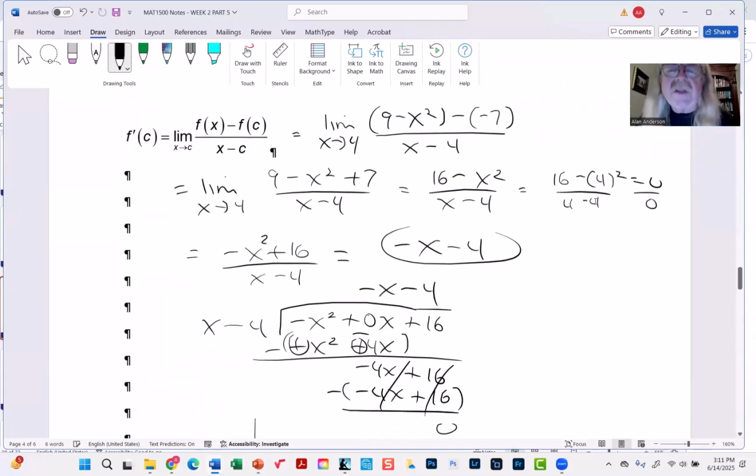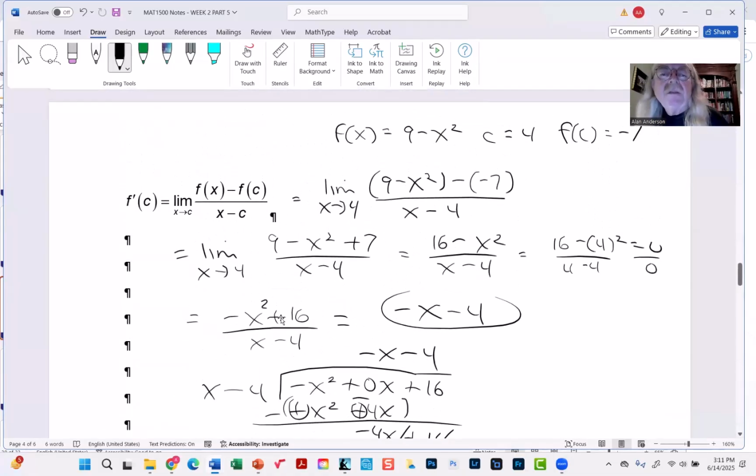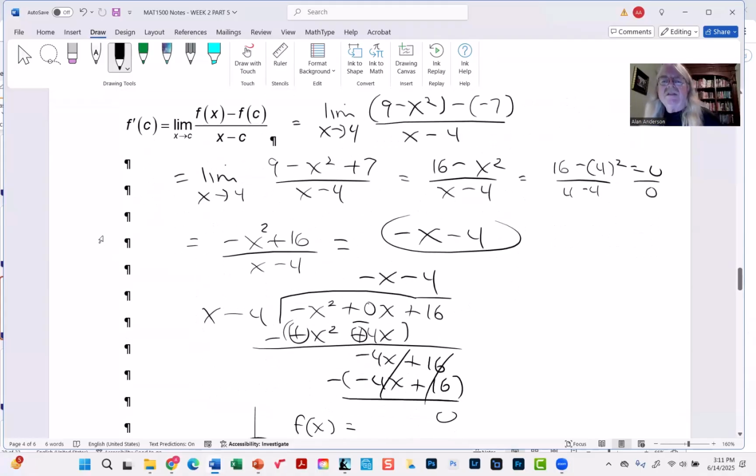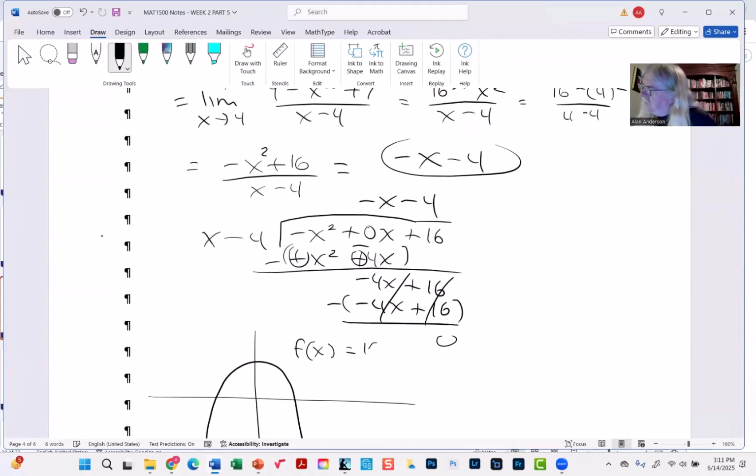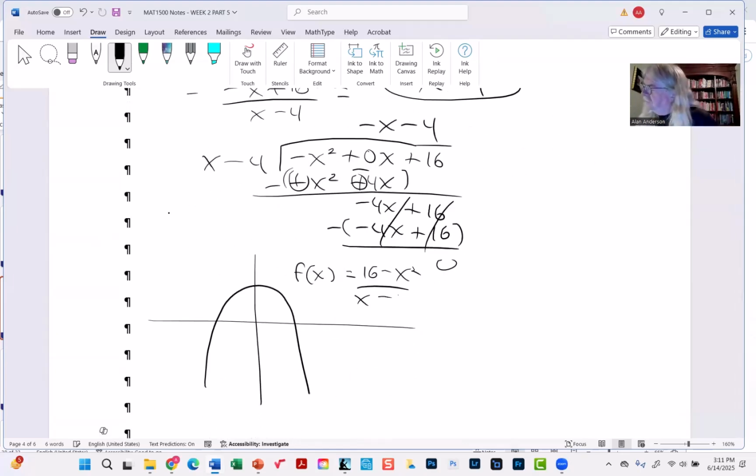So instead, we reduce this. So this is the function 16 minus x squared over x minus 4. So there's going to be a little hole here.